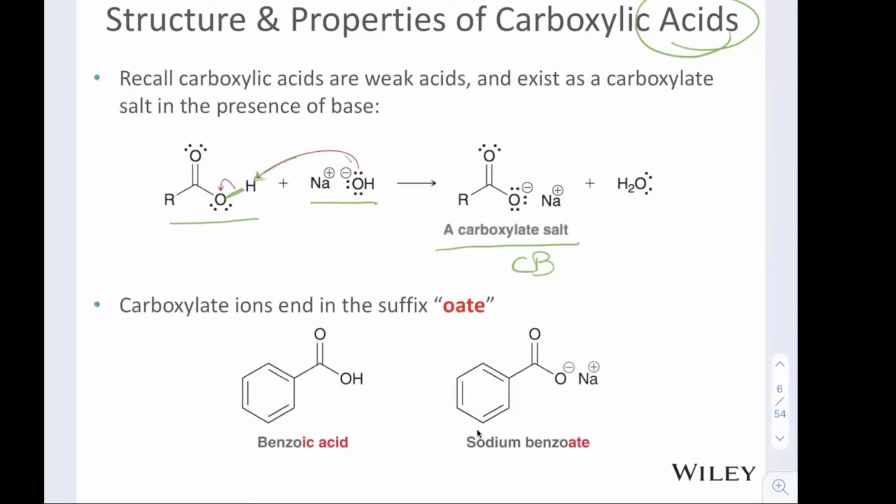If we were to name the conjugate base, that charged species, we are going to use -ate in the name instead of -oic acid. So if this compound right here is benzoic acid, then it's going to be sodium, because that's our counter ion, benzoate.